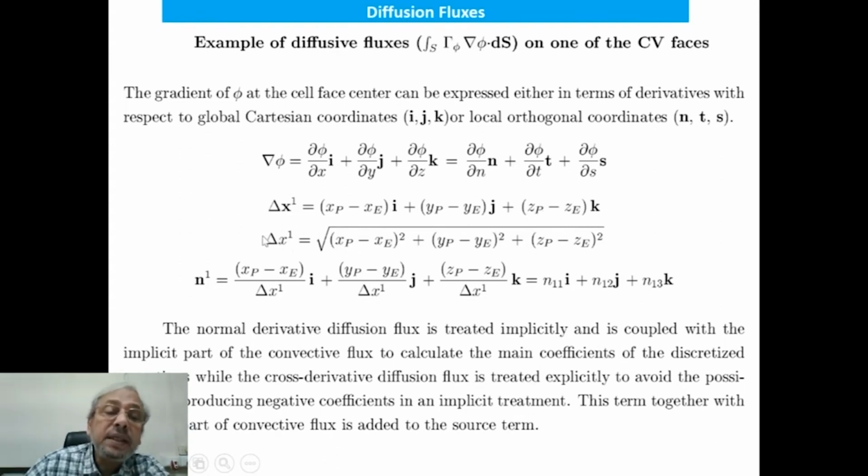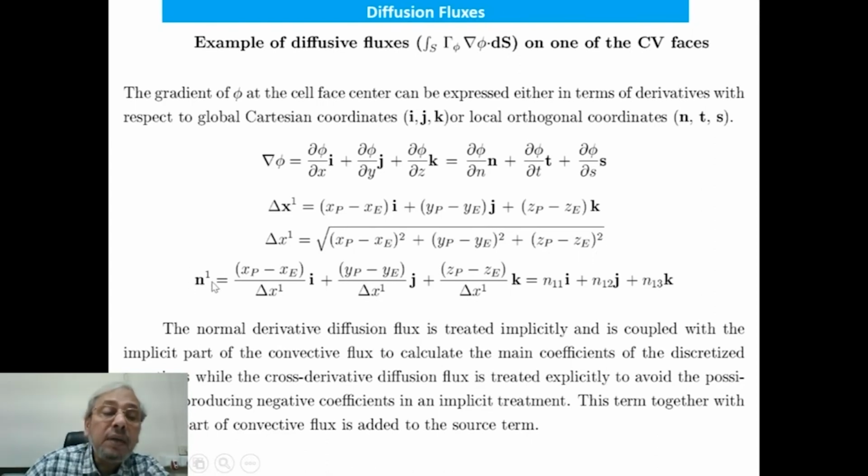And then the magnitude of this del x1 is given by root over (xp minus xe) squared plus (yp minus ye) squared plus (zp minus ze) squared.